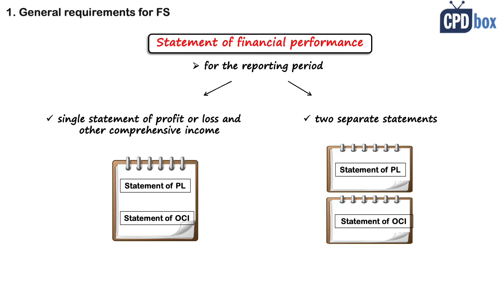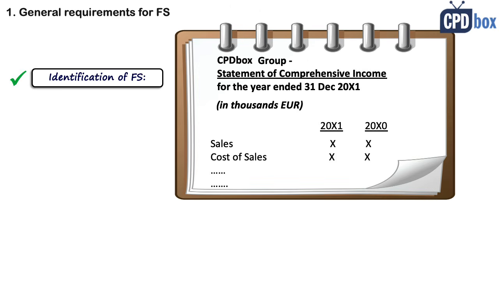Each component of the financial statements must be clearly identified, so it must clearly say which statement or notes we are looking at. Here it's the statement of comprehensive income. Then there must be the name of the reporting entity or information about its change, whether the financial statements are of an individual entity or a group of entities, the date of the end of the reporting period or the period covered by the financial statements, information about presentation currency and the level of rounding used in the presentation of numbers.